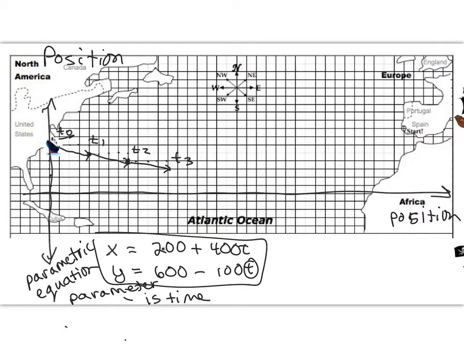So if I wanted to know where I was going to be after 5 months, I could just put in a 5 for time and figure out exactly where I'd be. And I would be 2,100 miles east of where I started, east of the origin, and 100 miles north.